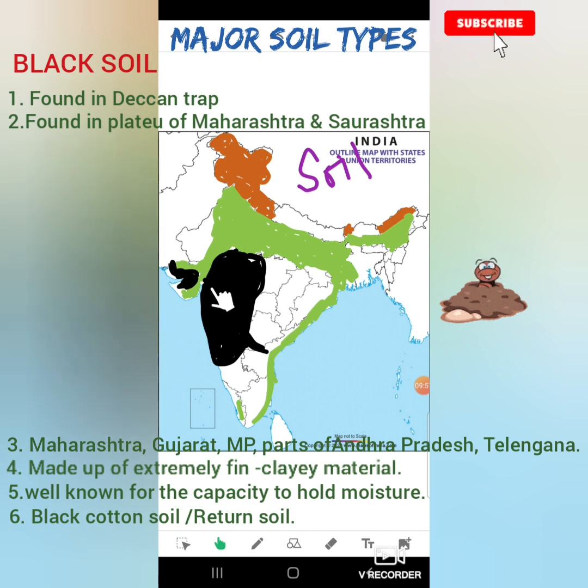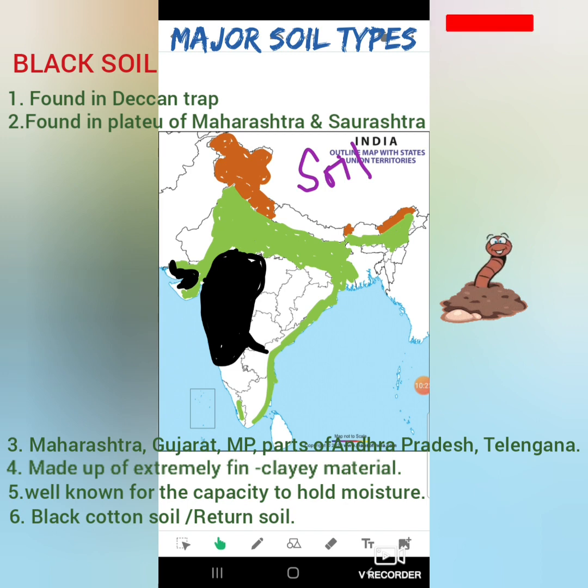Lava flow means Gondwana land, if you remember; in that time this particular area was formed because of the lava flow, which covers the plateau of Maharashtra. This is the plateau of Maharashtra, and this is the plateau of Saurashtra. Saurashtra is present day Gujarat. And this particular soil is made up of extremely fine clay material, kichad in Hindi.